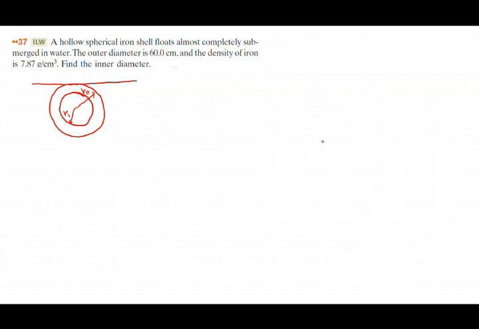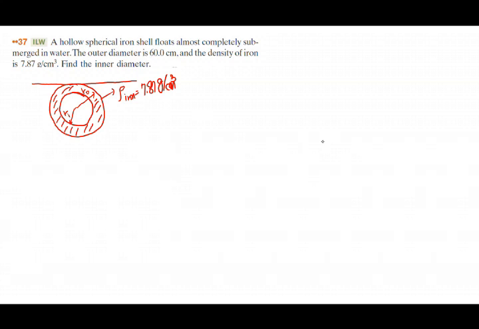Okay, so the density of iron, this is the iron portion, rho iron is 7.87 grams per cubic centimeter. All right, that's what is given in this problem.